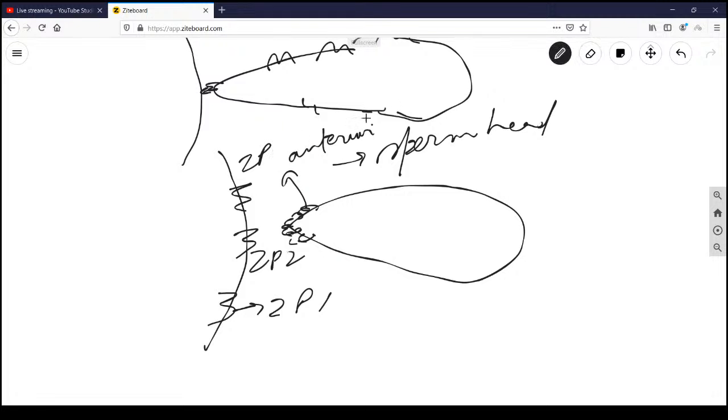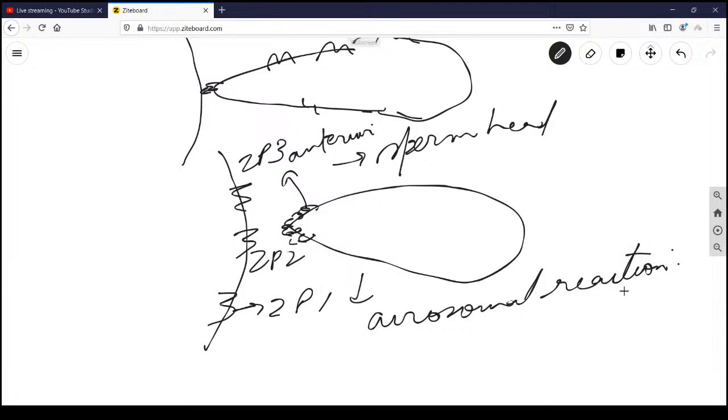Once these receptors and zona pellucida proteins bind, then only the acrosomal reaction will be triggered. If this specific binding is prohibited, then you won't have any acrosomal reaction. So for a successful acrosomal reaction, you need this at any cost.